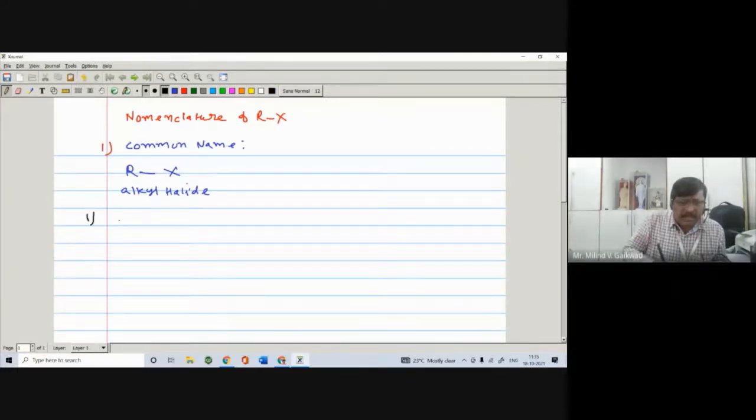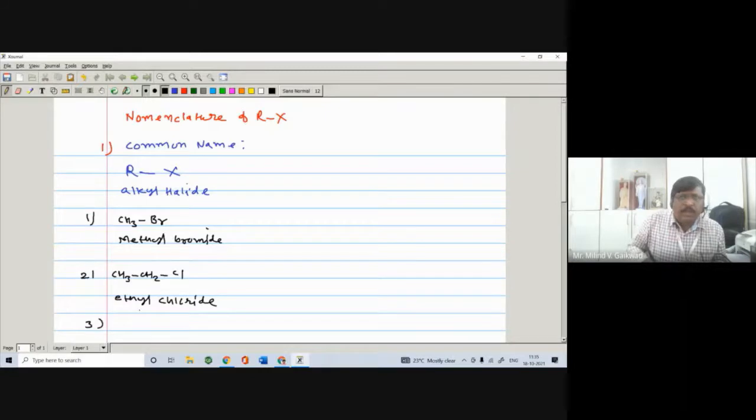Example, R is a simple methyl, CH3. This X you can take as chlorine, bromine, or iodine. Suppose I take Br here, then it is methyl bromide. Then go on increasing the number of carbon atoms: CH3, CH2, and suppose here Cl, then ethyl chloride.